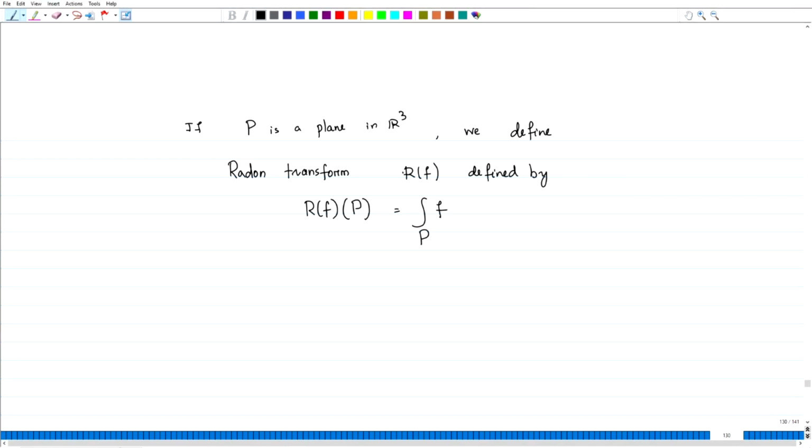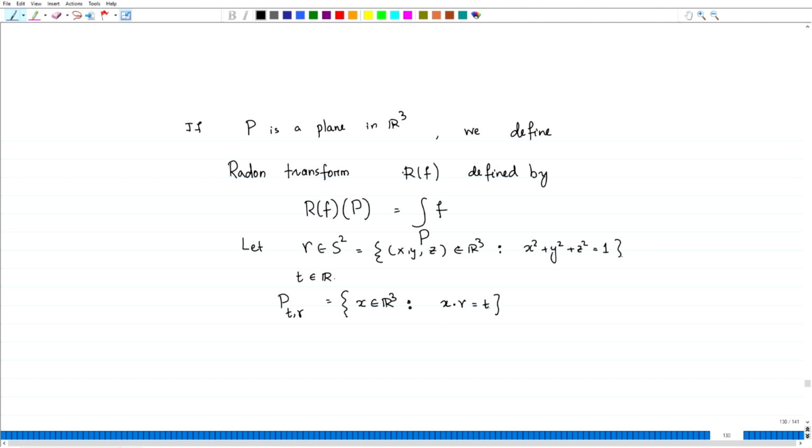So let gamma be in S2, the unit sphere in R3, such that x squared plus y squared plus z squared equals 1, and take t in R. Then the plane P of t gamma is the set of all x in R3 such that x dot gamma equals t.